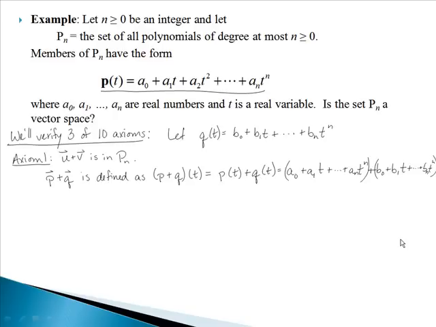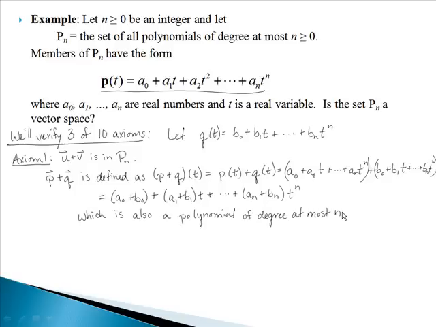So this is going to be equal to P of T with our A's as our coefficients plus Q of T with B's as coefficients. And what we can do then is group like terms. So what we end up with is A sub 0 plus B sub 0 as our first term, plus A sub 1 plus B sub 1 times T, plus all the way up to A sub n plus B sub n times T to the n.